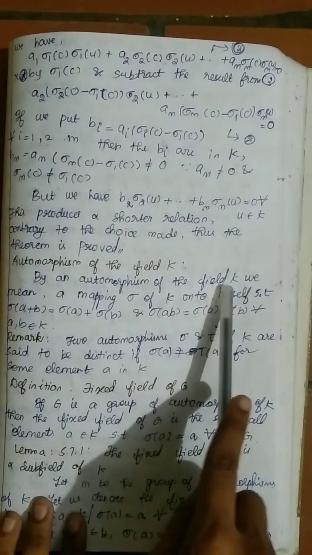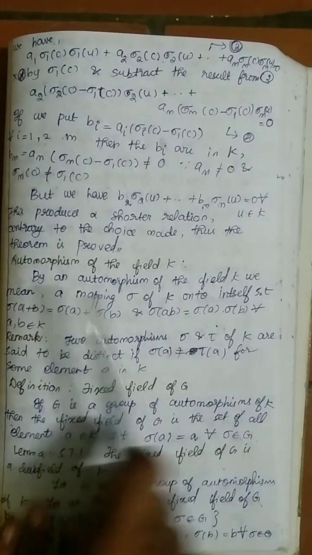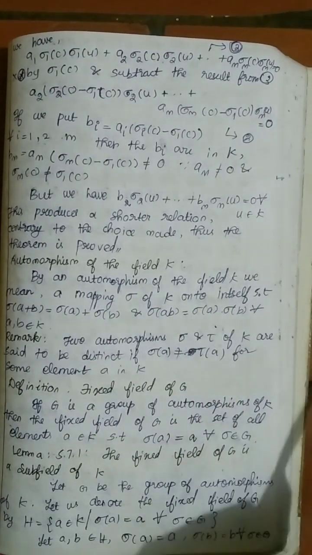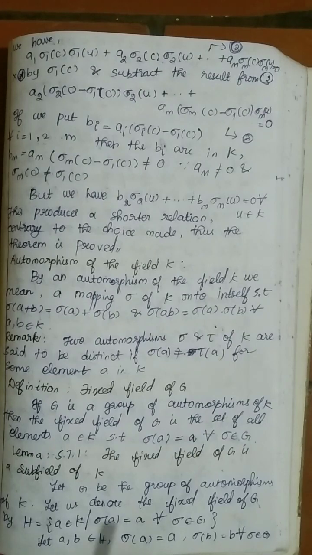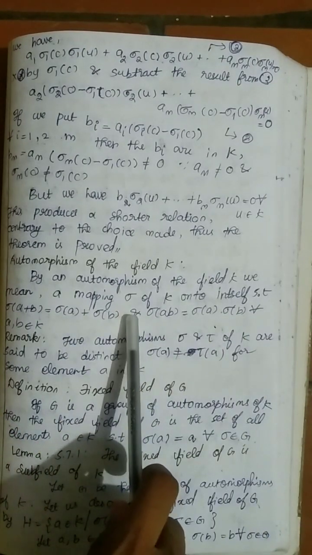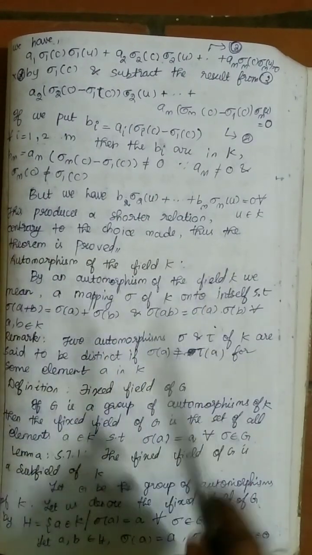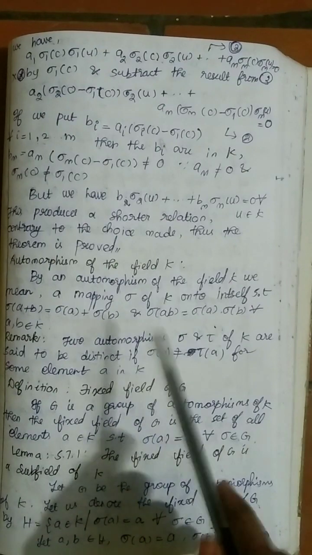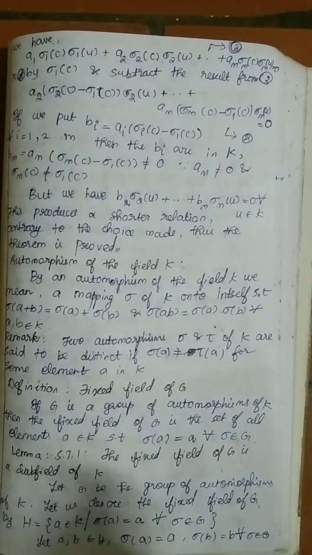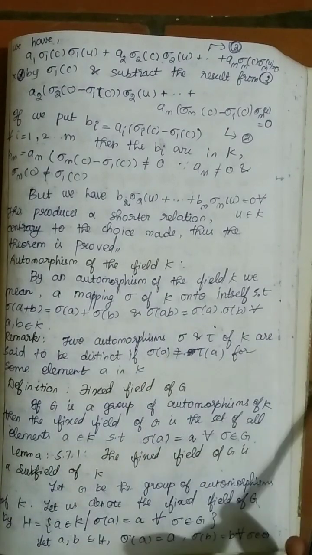By an automorphism of the field K, we mean a mapping sigma of K onto itself such that it satisfies these two conditions. I can explain this definition in such a way that sigma is an automorphism if it maps the field K into itself and it satisfies two properties. What are the properties?